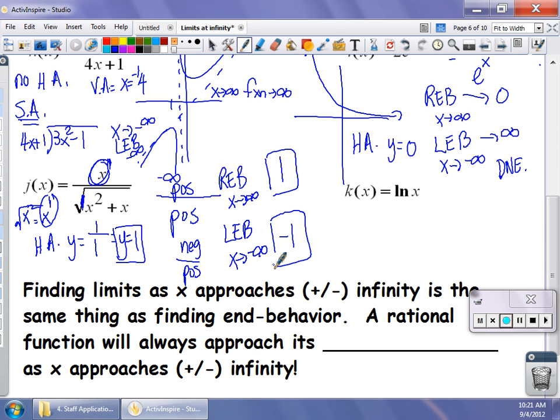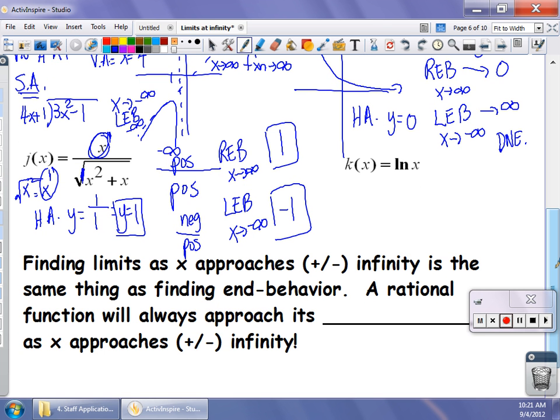And we'll talk a little bit more about this in class. There are other ways to determine this. If you want to pull out your graphing calculator, you can see that on the right-hand side the function does approach positive 1, and on the left-hand side the function approaches negative 1.